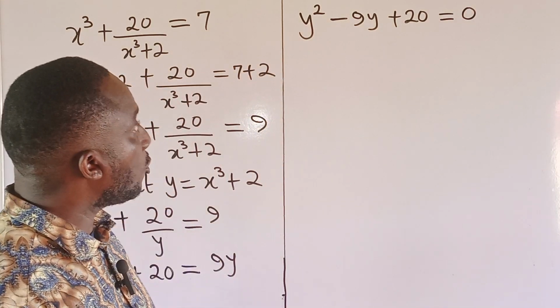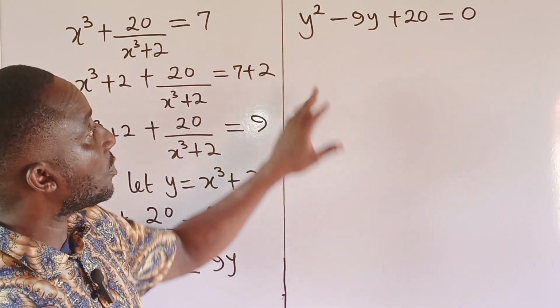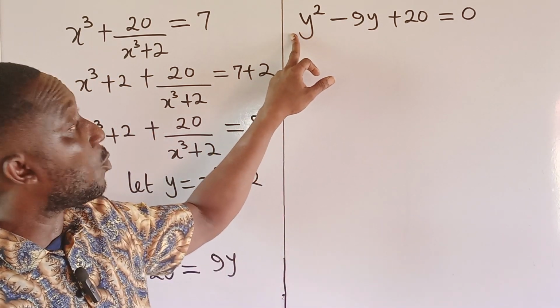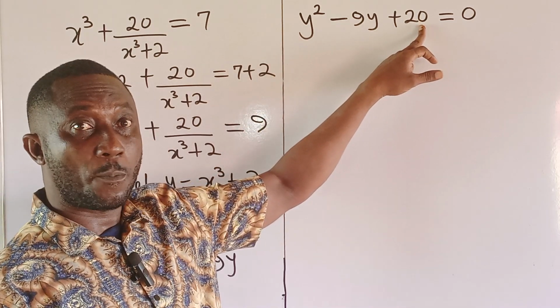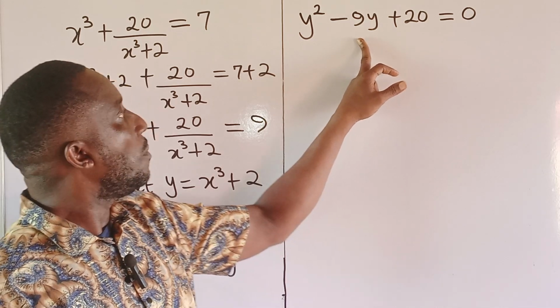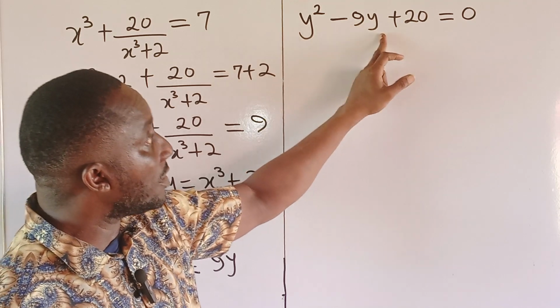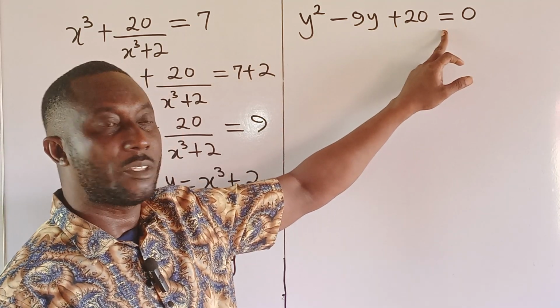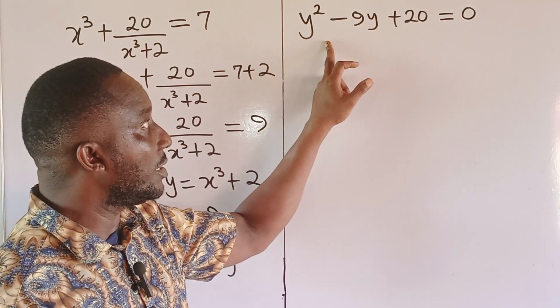So this is a simple quadratic equation which is easily factorable. More so, the leading coefficient here is 1. So we look at the factors of 20 that can be added to give 9. That should be 4 and 5. And because we have negative 9 here, we shall consider negative 4 and negative 5, because negative 4 added to negative 5 will give negative 9.